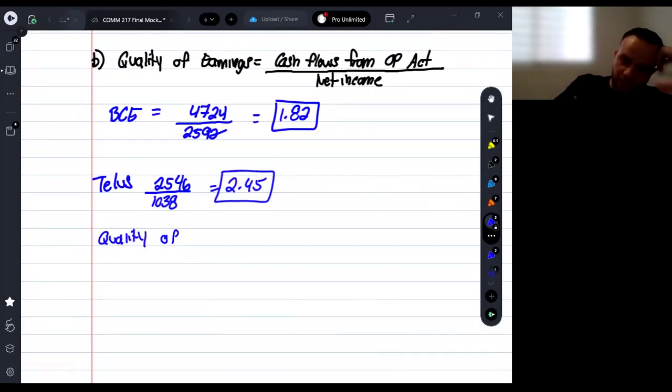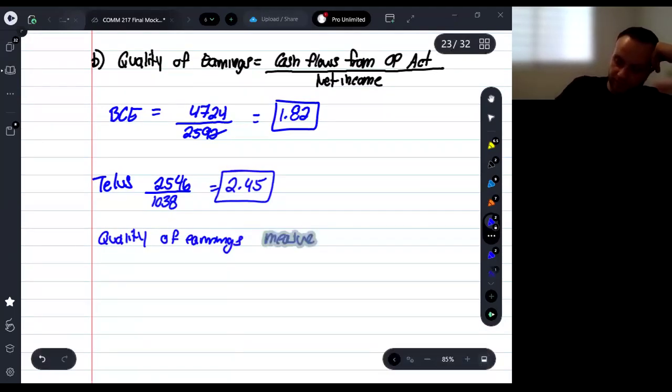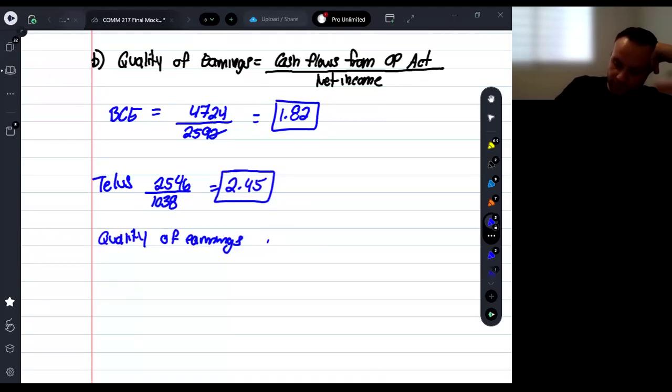So quality of earnings measures the portion of earnings that was generated in cash.